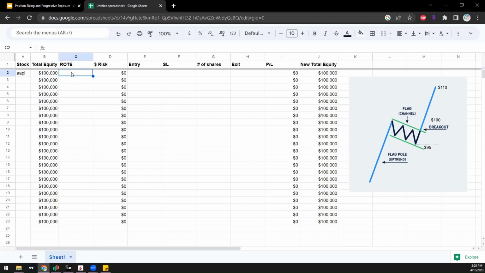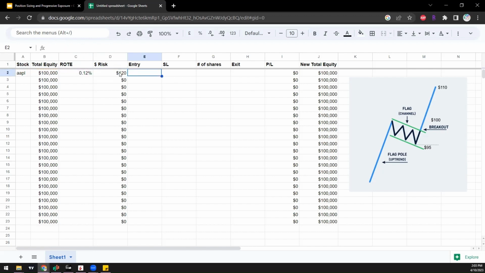The first trade has a risk of total equity of 0.12%. What that means is we're going to risk $120 in that trade. Now, where did I get this $120 from? It's simply my total equity multiplied by the risk of total equity, which gives me $120. This is the very simple formula for that.